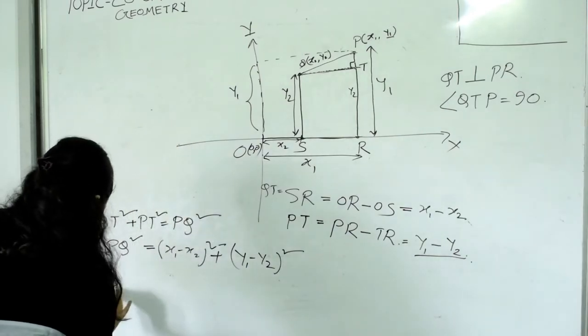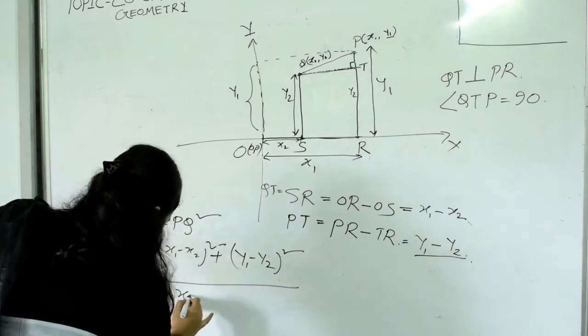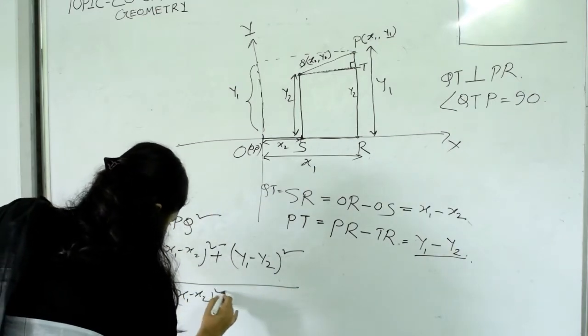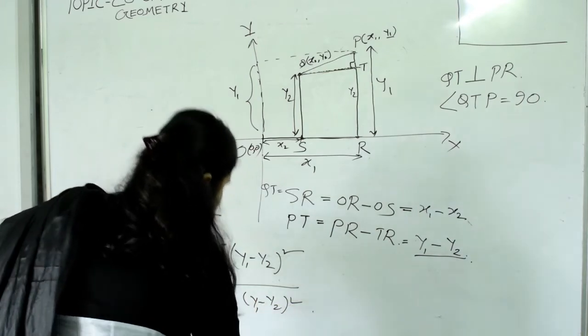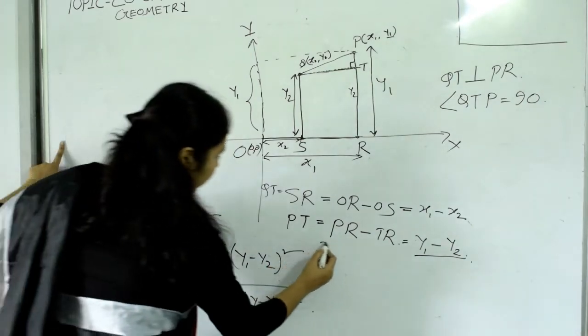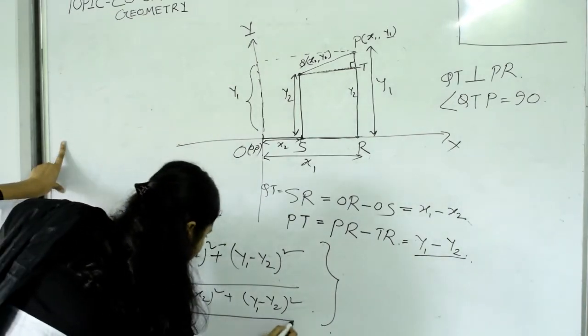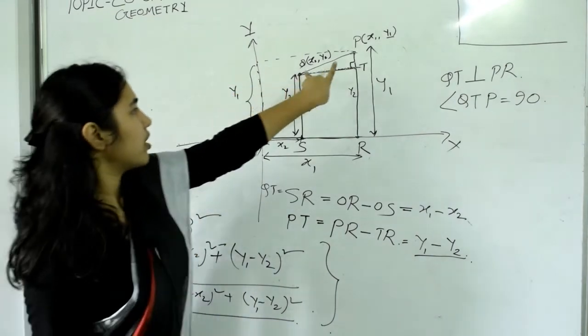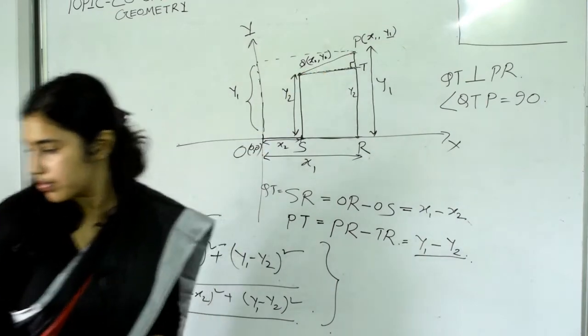So take the square root of PQ, so root of (x1 minus x2) square plus (y1 minus y2) square. So this is our distance formula. So this is the distance between these 2 points P and Q.